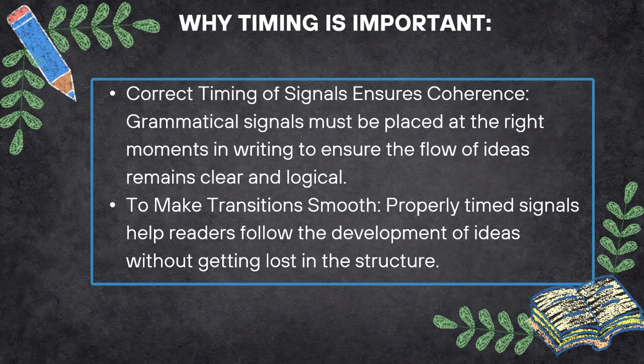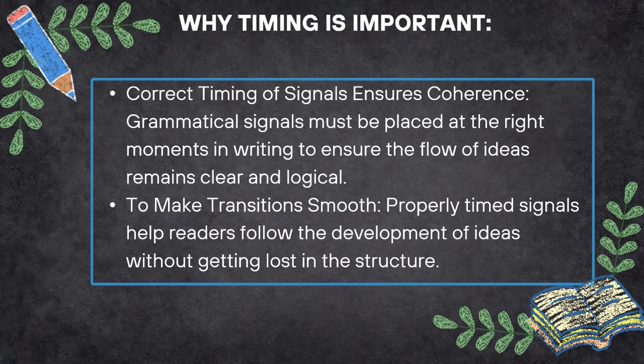And also, it is important to make transitions smooth. Imagine reading without grammatical signals, it can make the text fragmented or choppy and more difficult to understand. So, properly timed signals help readers follow the development of ideas without getting lost in the structure.